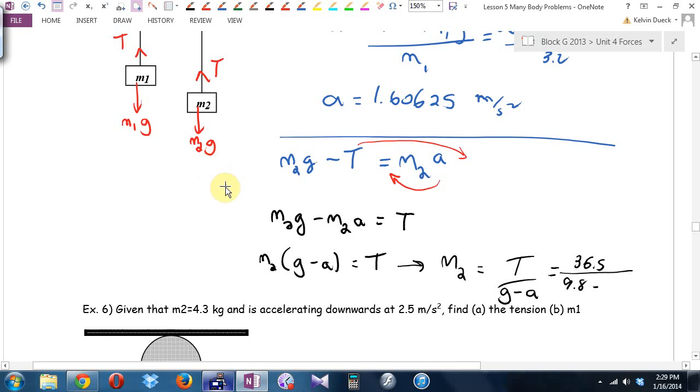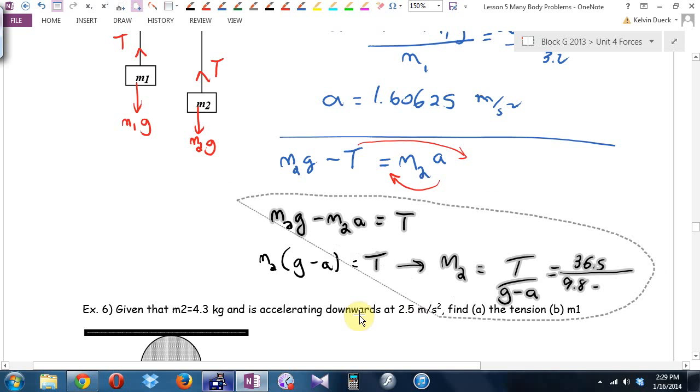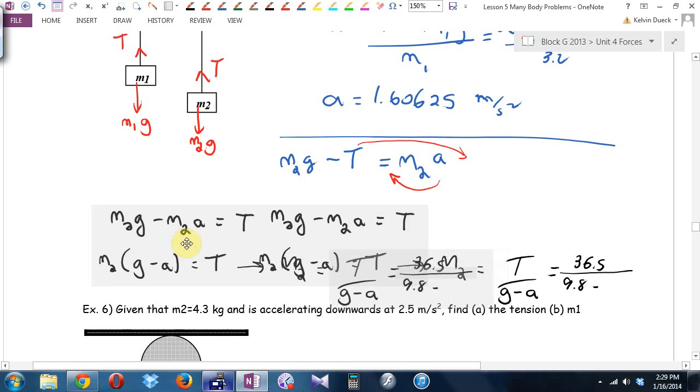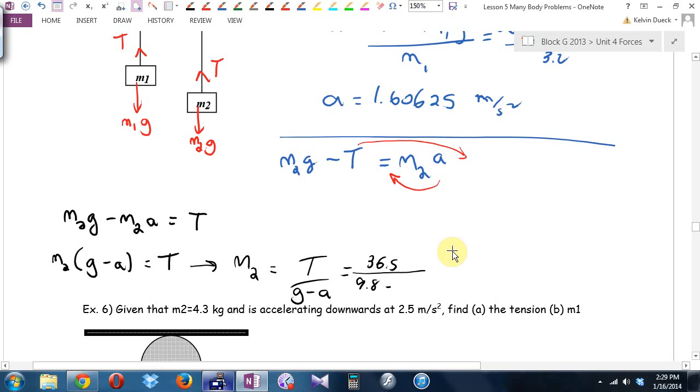Give me 1 second here. 9.8 minus 1.60625. I'm going to use the answer button on my calculator. Is there more than one number in the bottom?